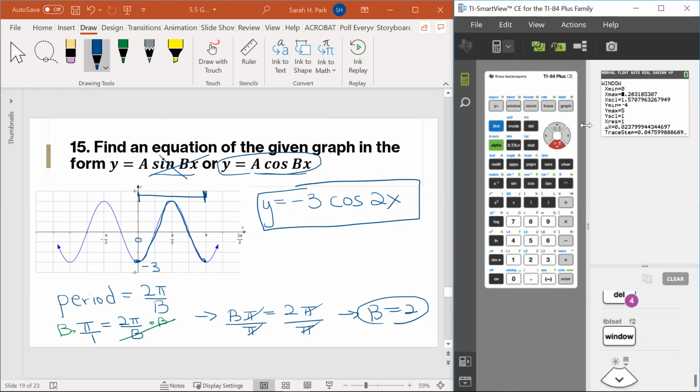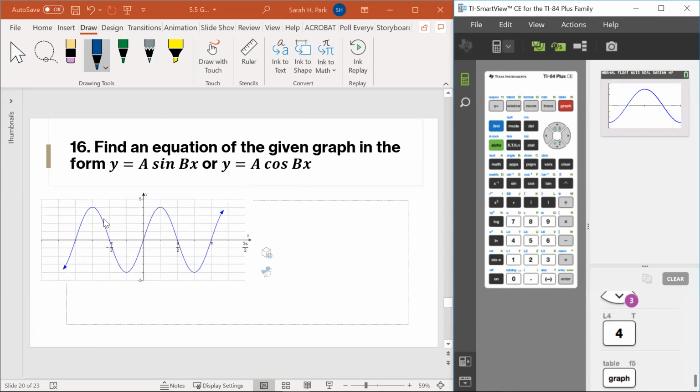And x max, I'm going to say pi, because that's where I want to see it stop. My x scale, I'll just leave the same and change my y min, y max to 4. Okay, so you can see it does start at -3. It's here at 0. At pi over 2 it goes up and then it goes down again. So I know that my function is correct.